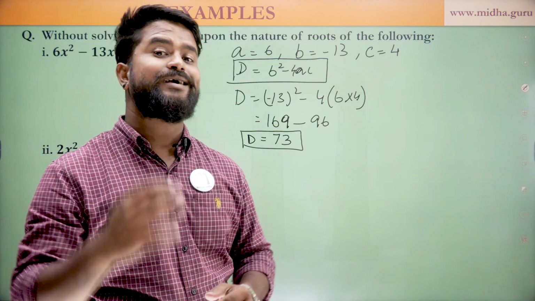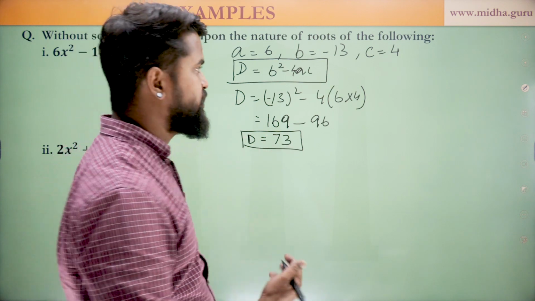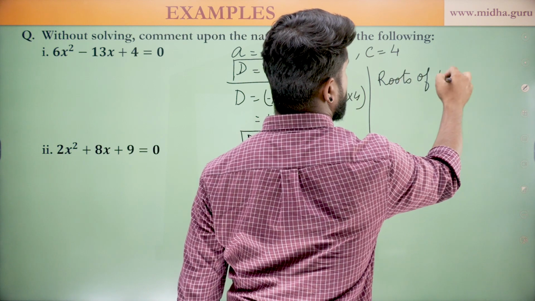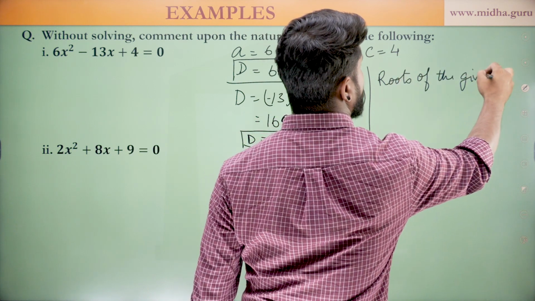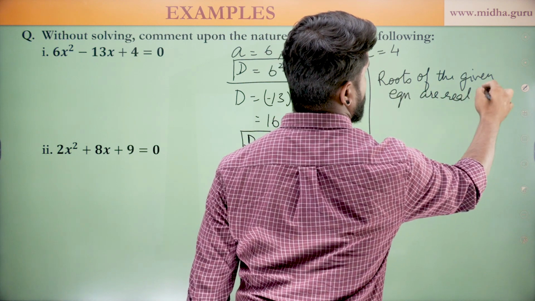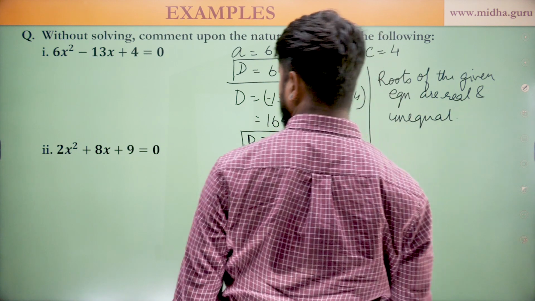And if you remember from the conditions of the nature of roots, if the discriminant is greater than 0, we can say that the roots of the given equation are real and unequal. Okay?